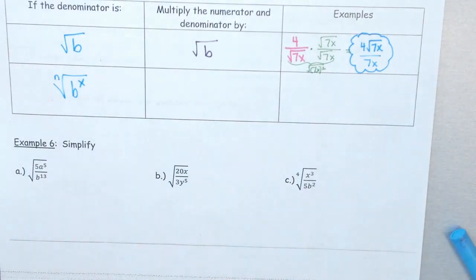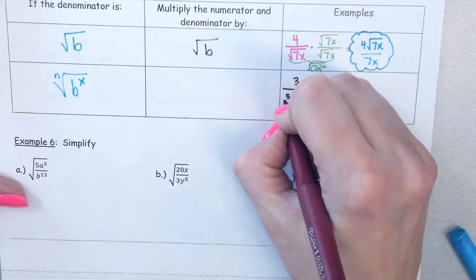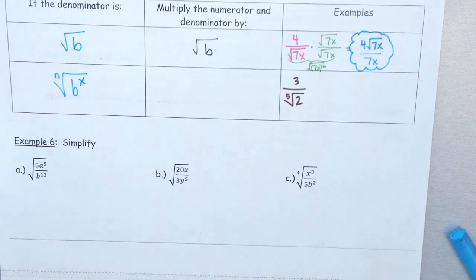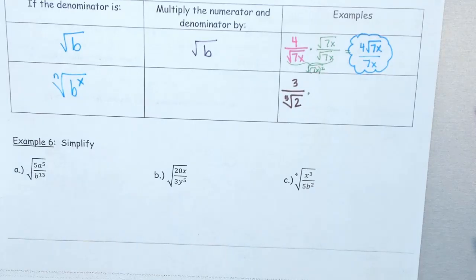Okay, so for this, we have 3 divided by the 5th root of 2. Okay, and I just want you to write down what you're going to multiply that by, and then see if you can simplify that.